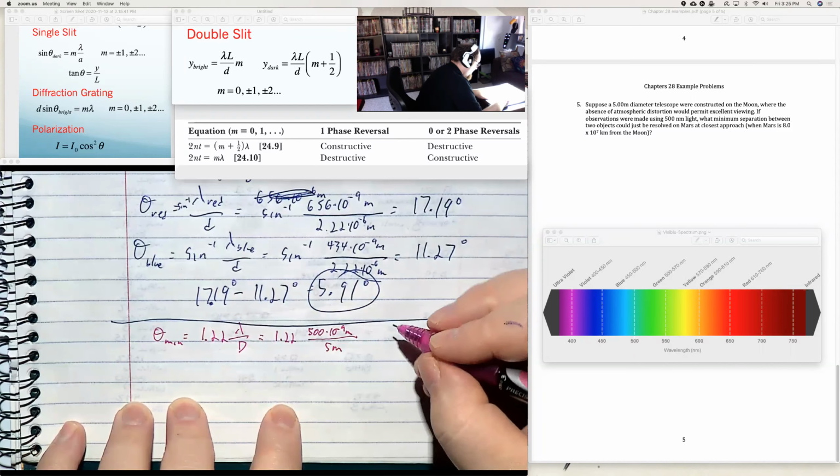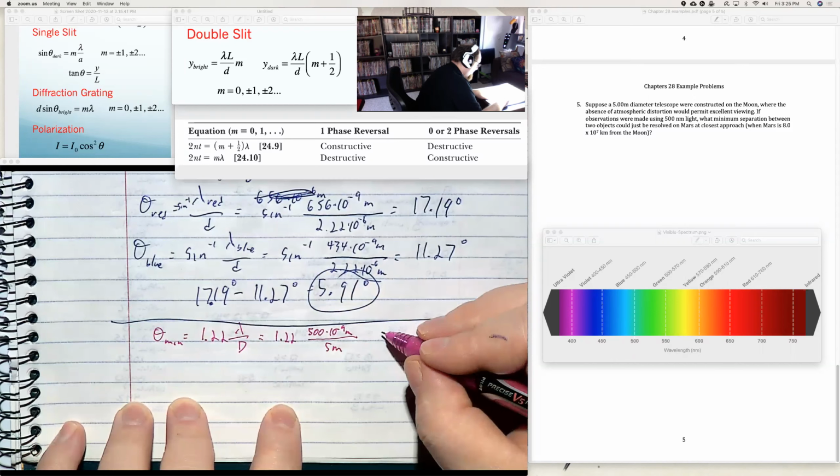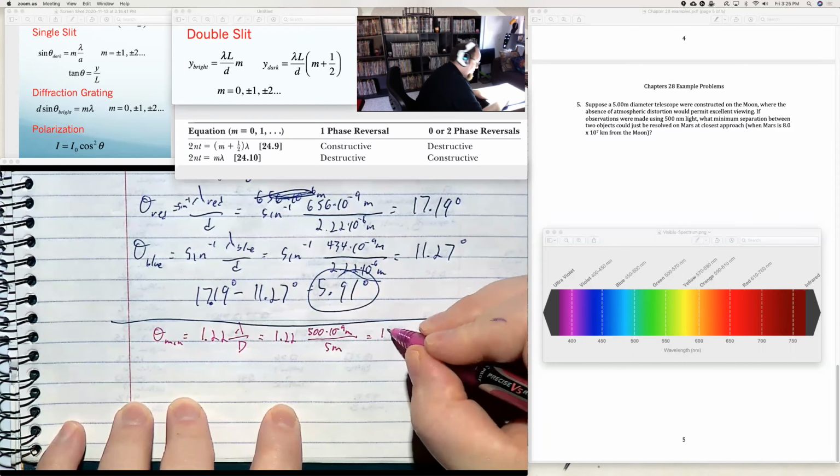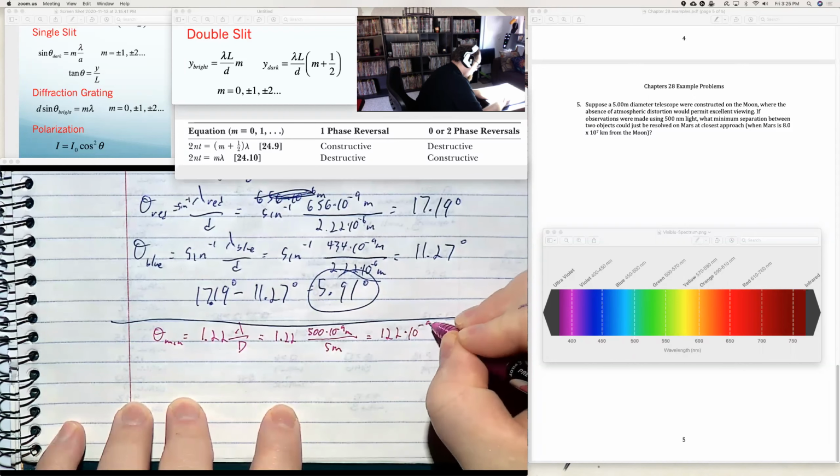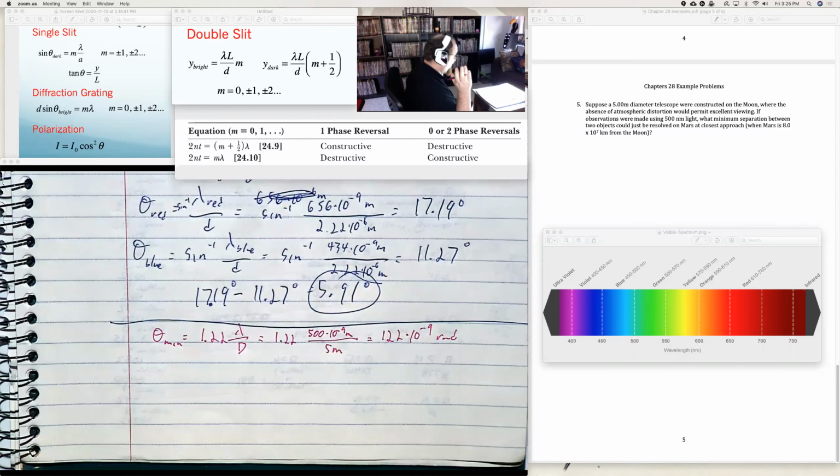So it's going to be 122 times 10 to the negative 9 radians. I can do that without a calculator. It's exciting. That's the minimum angle. Now, I didn't ask for the minimum angle. I asked for the size.